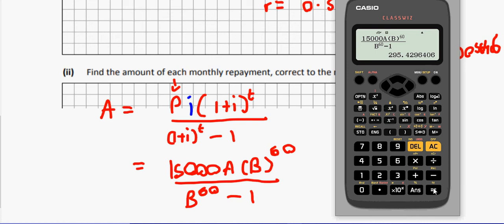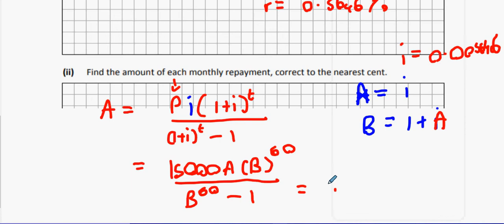And you get €295.43. So 295.43. Sorry, that's 5a part 2 done.